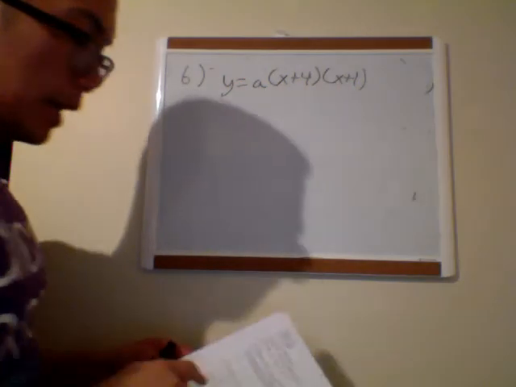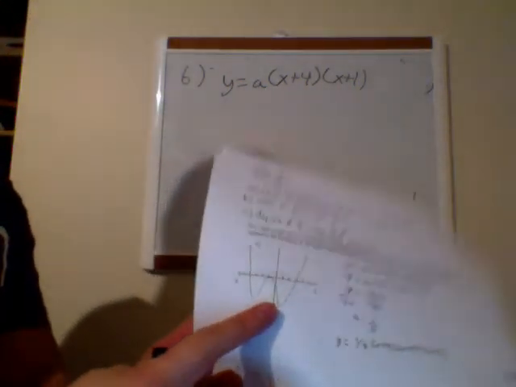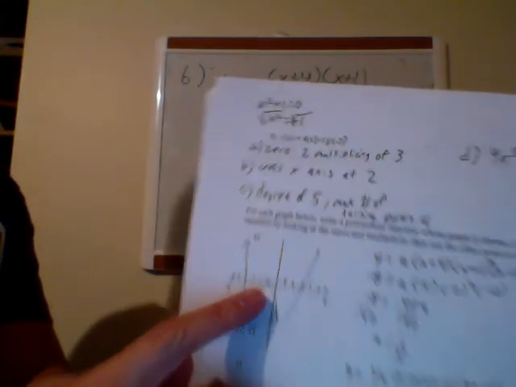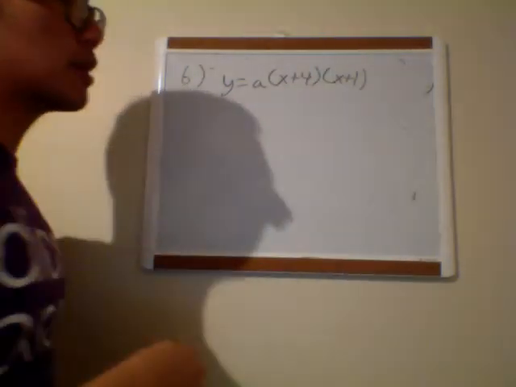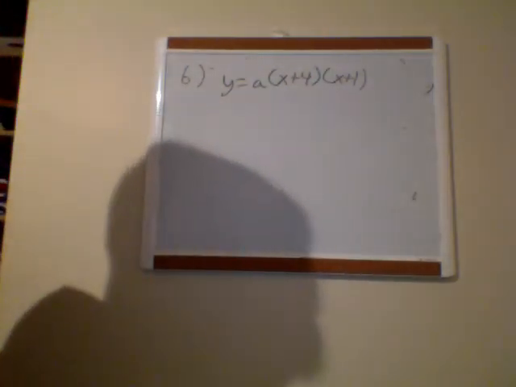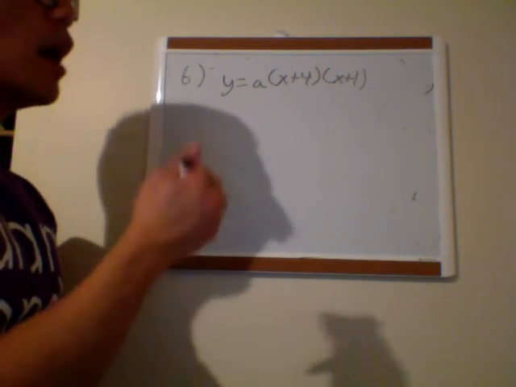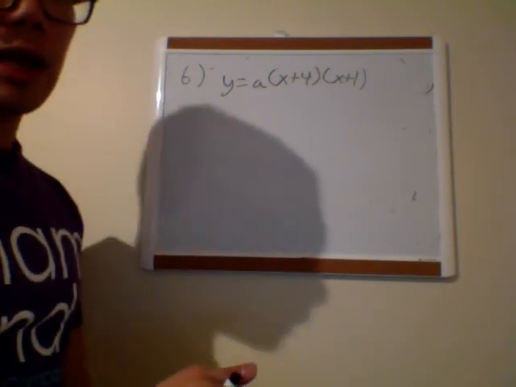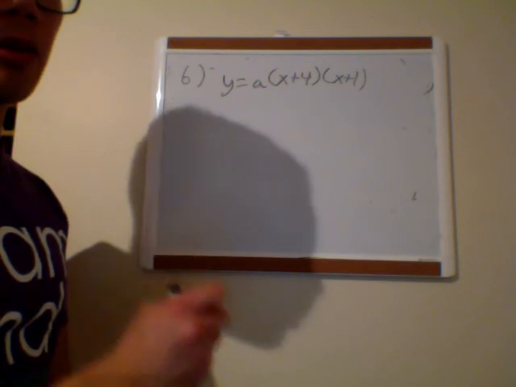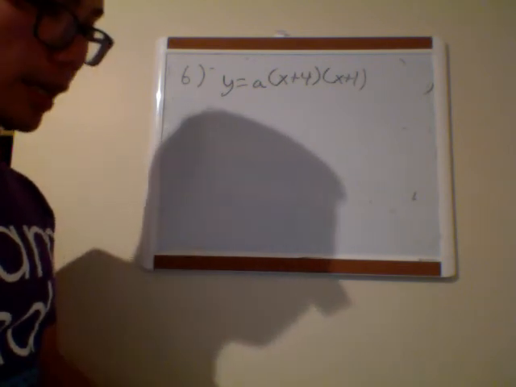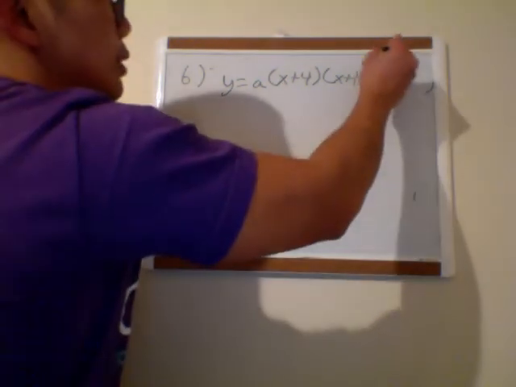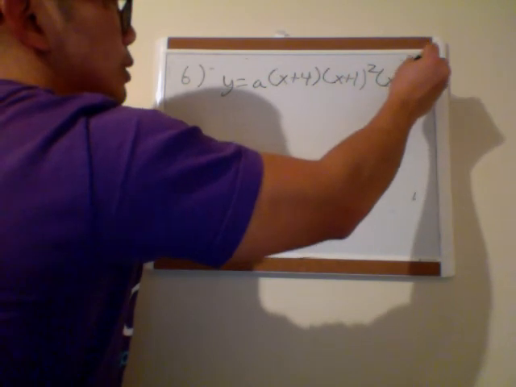But look what happens at -1. So if you look at your graph, at -1 you touch. That means I have an even multiplicity. And I tell everyone, this is not an exact equation. If it crosses the x-axis, just make it exponent of 1. If it touches, make it an exponent of 2. So I'm going to make this 2, and then it's going to be x minus 3.